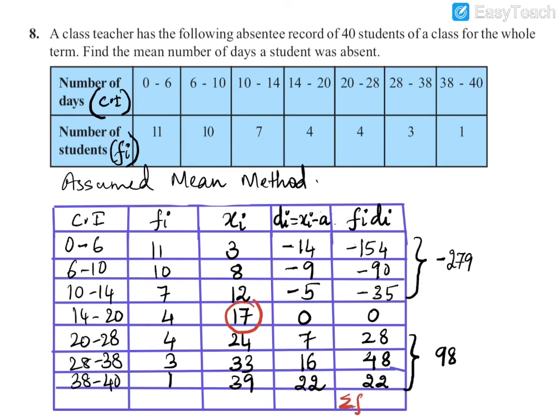So summation fi di is equal to minus 279 plus 98, that is equal to minus 181. And the sum of all the frequencies will be 40, which is already given in the question.